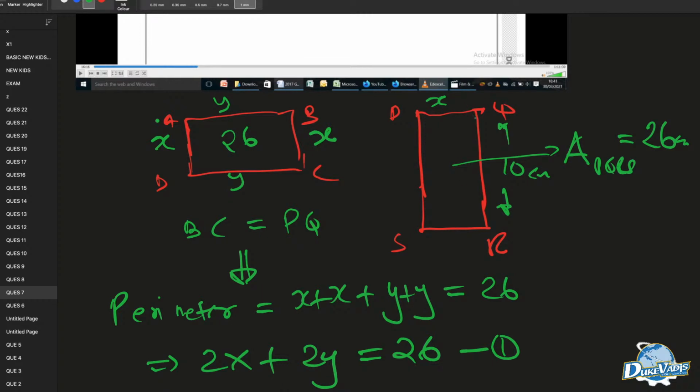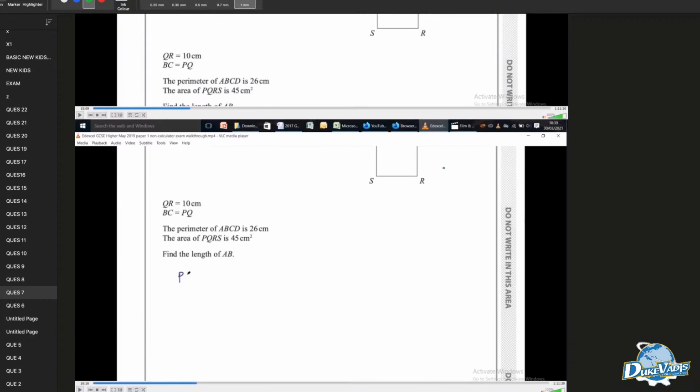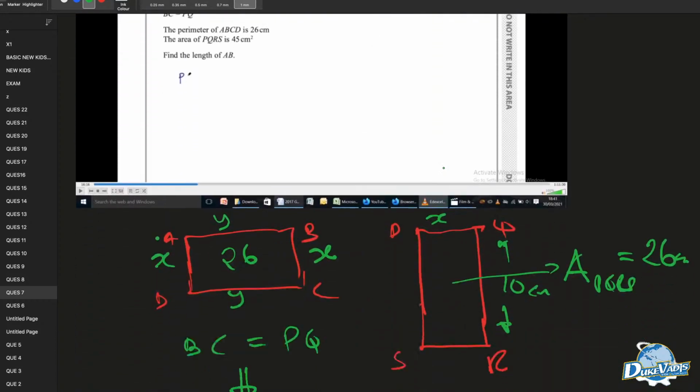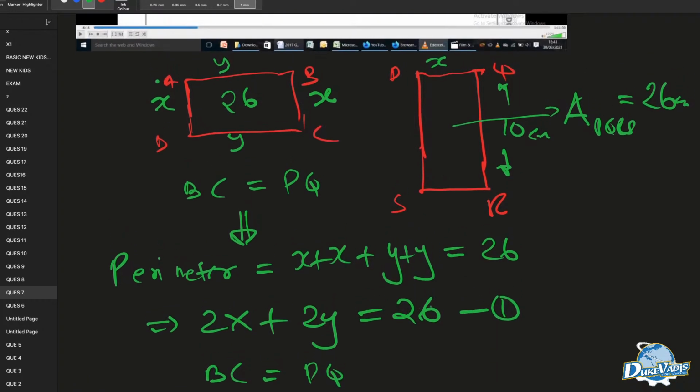And we are finding the length of AB, so having this equation will help us.